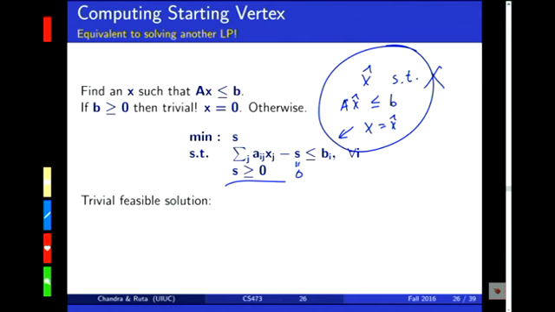To solve the first LP, we said that we need a feasible point, a feasible vertex. To compute a feasible vertex, we wrote this new LP. Now if I have to write another LP to compute a feasible point here, then we are going in recursion. So there should be an obvious feasible point in this LP. I'm not saying vertex, any feasible point.